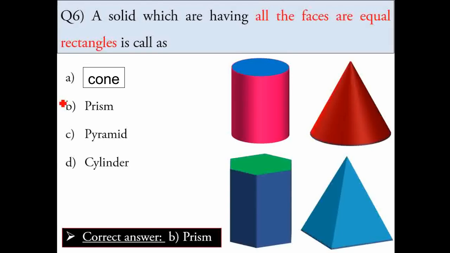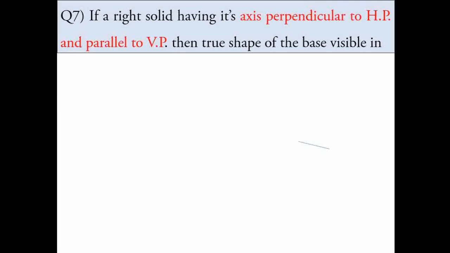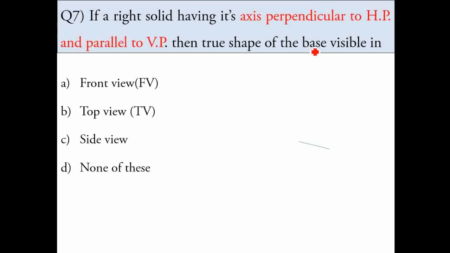Next question: if a right solid has its axis perpendicular to HP and parallel to VP, then the true shape of its base is visible in, the options are front view, top view, side view, or none of these.